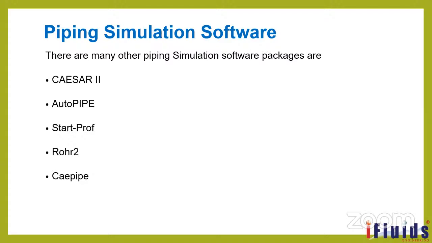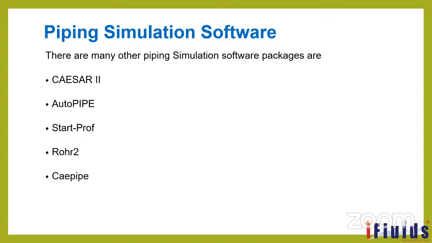After that, we saw the 3D software, how many are available, the widely used ones and their merits. After that, we saw 2D software, and the major one is 2D AutoCAD, which we are using. Next we are going to see piping simulation software: Caesar II, AutoPIPE, StartProf, Roar II, CAEPIPE.